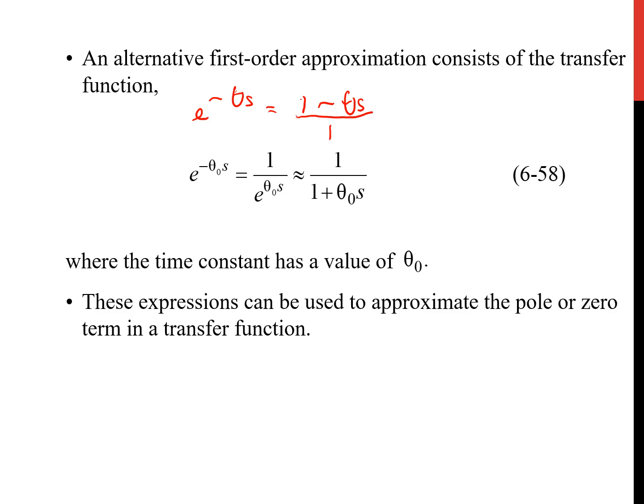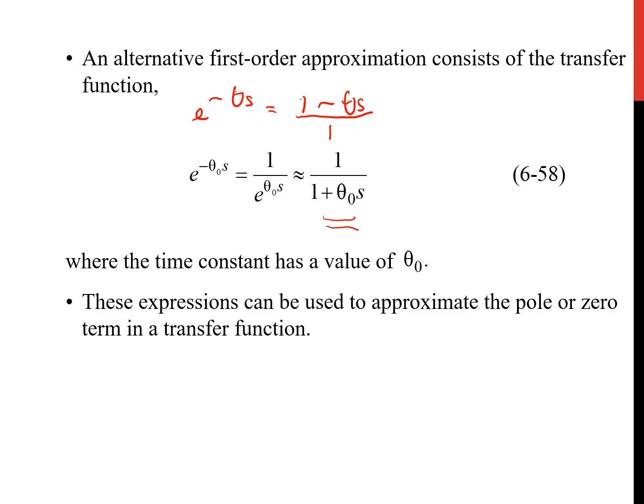If you want to make sure you don't have any negative anymore, then exponent theta s can be converted by equal to 1 divided by exponent theta s, and then you approximate by 1 divided by 1 plus theta s. In this way, you transform the transfer function from the top to the bottom. It's up to you.